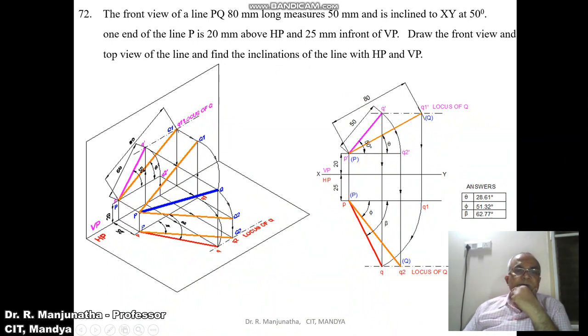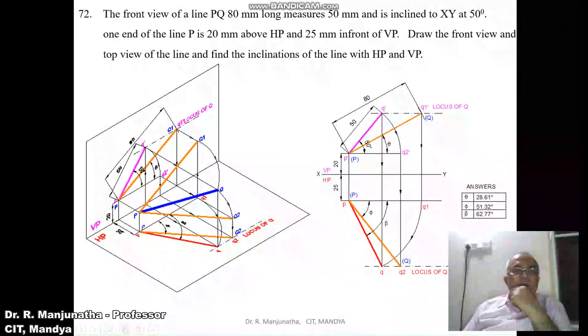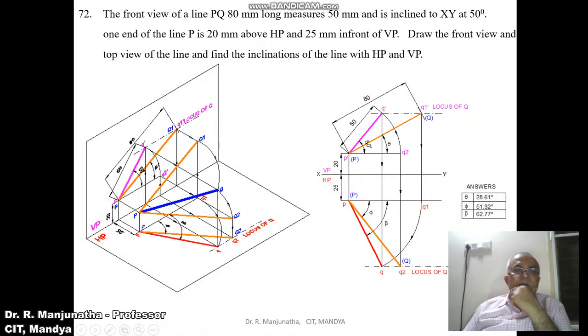When you are rotating PQ1 in space to get to this point, here in the image, with P as center and PQ1 as the radius, you draw an arc such that it cuts this end projector line. You mark this point as small q, then join P to q with a line, and that becomes the top view. Once you get the top view, you get the locus of Q in the top view.